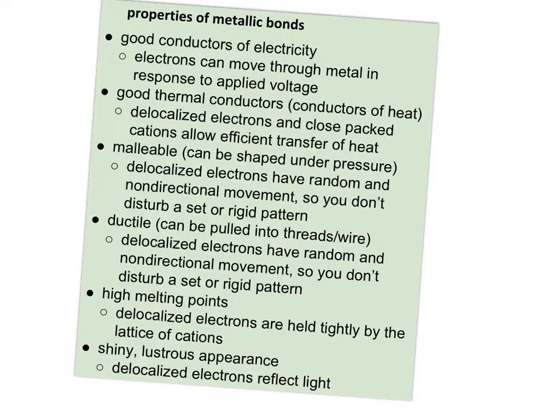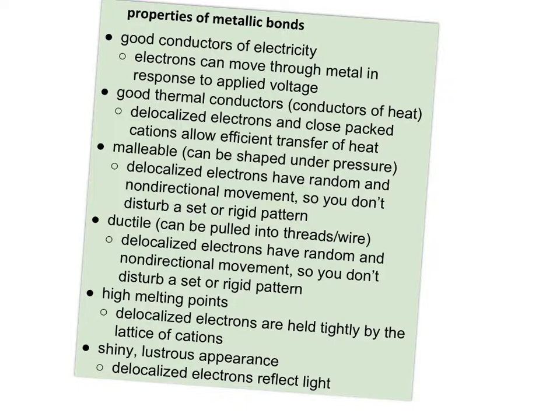You might disturb the rigid structure of the cations, but they're all positive. So pushing the cations into a longer line really doesn't matter compared to having them in two layers. The delocalized electrons have this random non-directional movement. They can just fit in wherever between these cations.